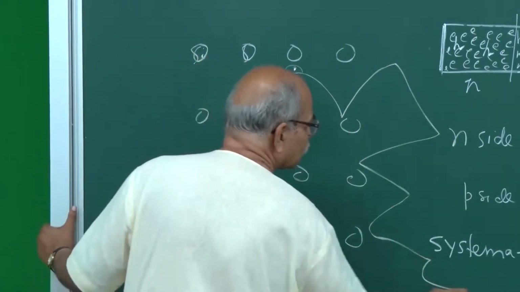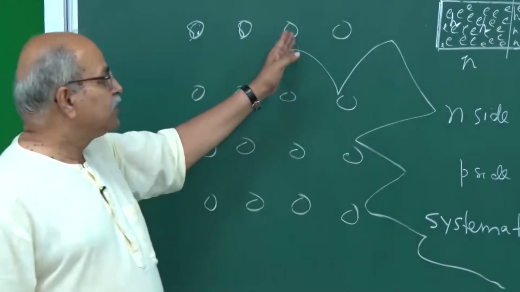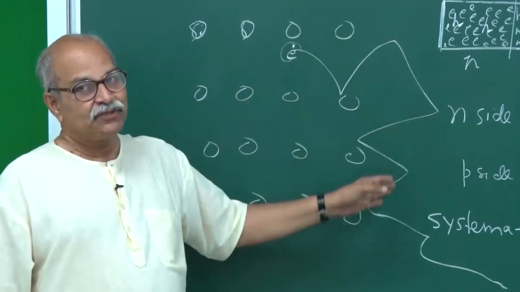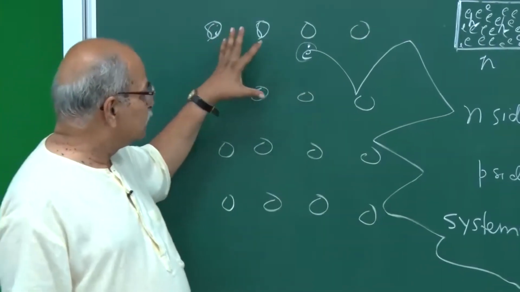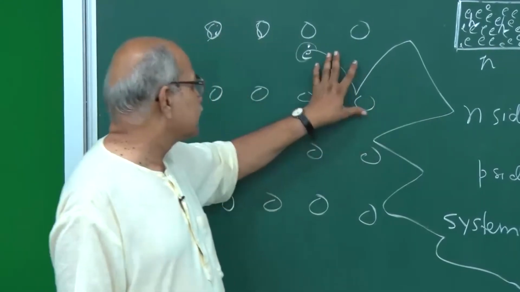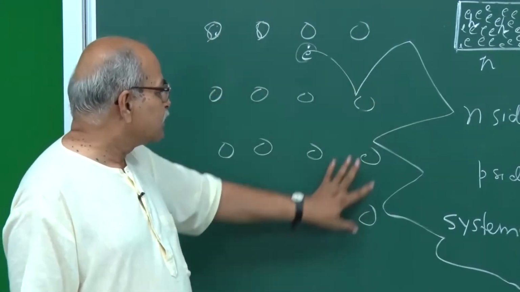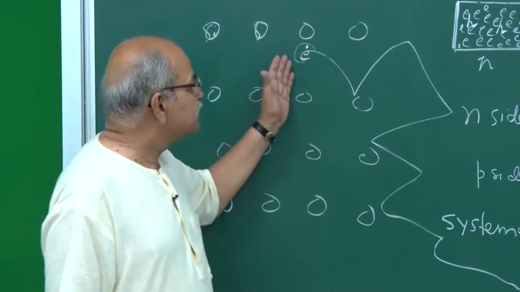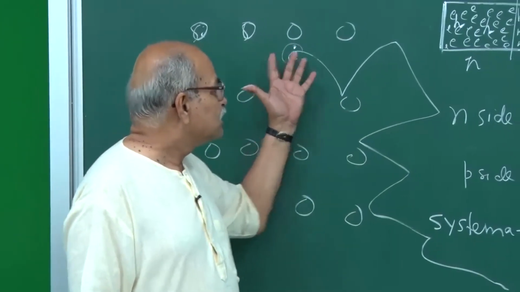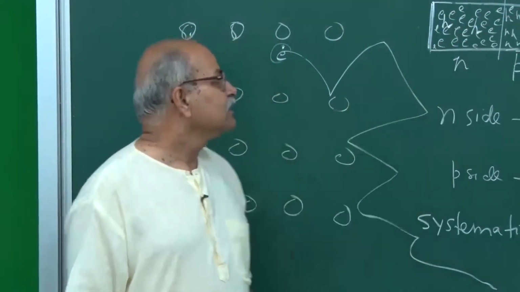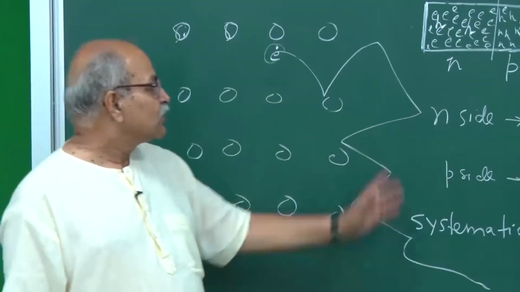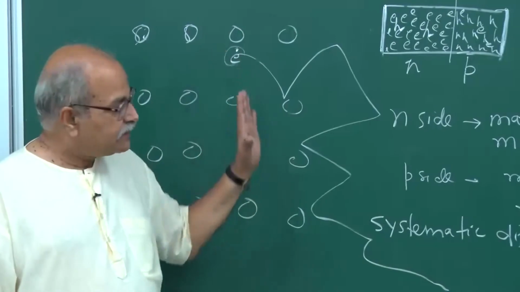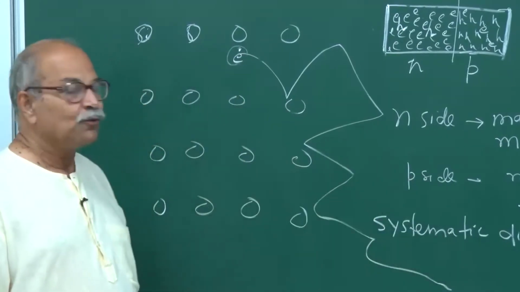They are just going randomly, changing atom to atom, and so on. In the process they are going from this side to that side to this side, but since the concentration of electrons is large here, the number of electrons going in a given time from this side to that side will be much larger than what can come from the other side, and hence there is a net flow.